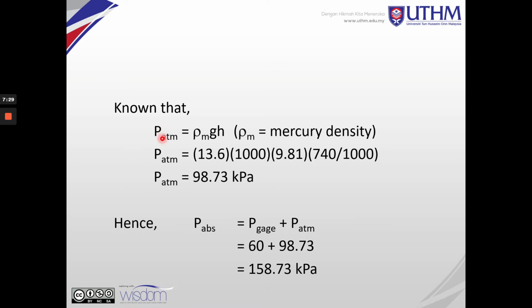Note that P atmosphere is the density of mercury times g times h, where rho m is the mercury density. Putting in all the values, we get the P atmosphere value of 98.73 kilopascal. Using P absolute is equal to P gauge plus P atmosphere, we get 60 plus 98.73, which is 158.73 kilopascal.